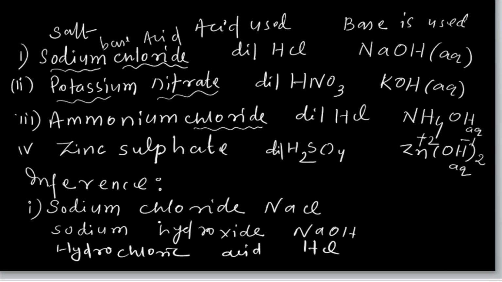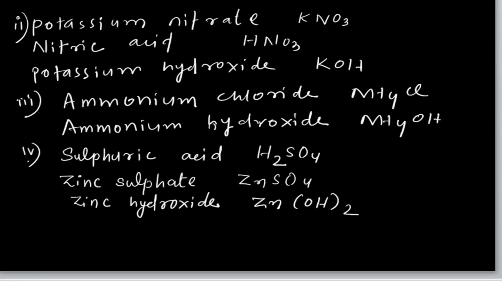Inference. What is the inference here? There is sodium chloride, sodium hydroxide, NaOH, and hydrochloric acid. Here you can say when acid combines with base, they give salt and water.